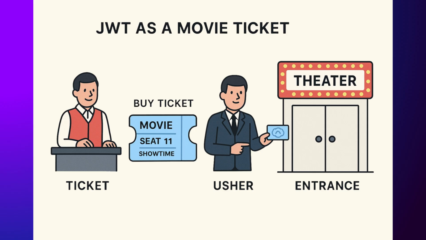So everything needed to validate your access is right there on the ticket. The beauty is that JWTs let servers validate requests without checking a central store or a database, much like ushers validating tickets without phoning the box office.